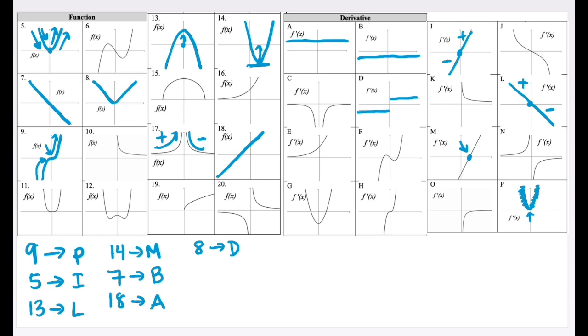So when I look at the derivative, I'm looking for a derivative that is positive on the left and negative on the right, and also has that vertical tangent there. So 17 actually matches up best with the derivative of n because the derivative is positive on the left side here and negative on the right side, and it does not exist there at 0. So 17 is going to be paired up with n.